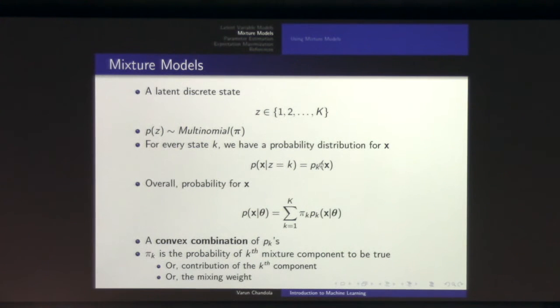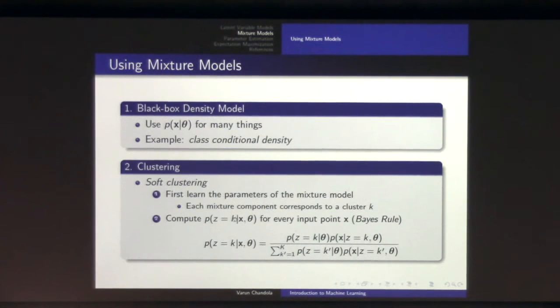P of x given z equal to k will be this much, which means that I can apply the Bayes rule and compute the posterior. I can say what is P of z equal to k given x, given that these are my distributions, which mixture component did it come from, right?